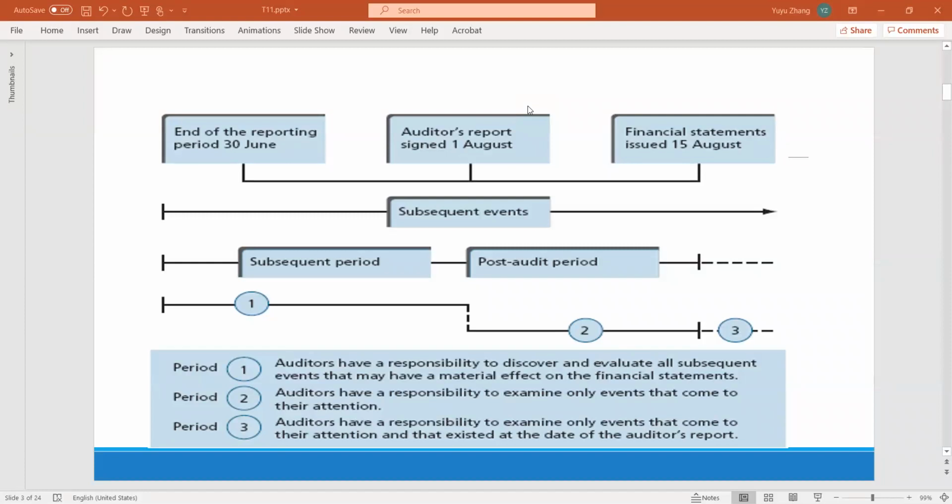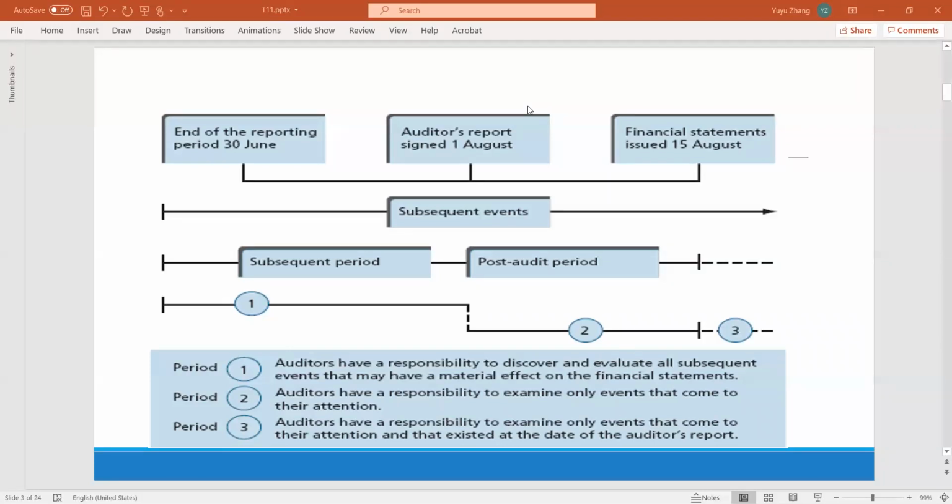In period 2, the directors and auditors still have control over the report, so they still have the flexibility and opportunity to correct it if they know there are some omissions or mistakes.